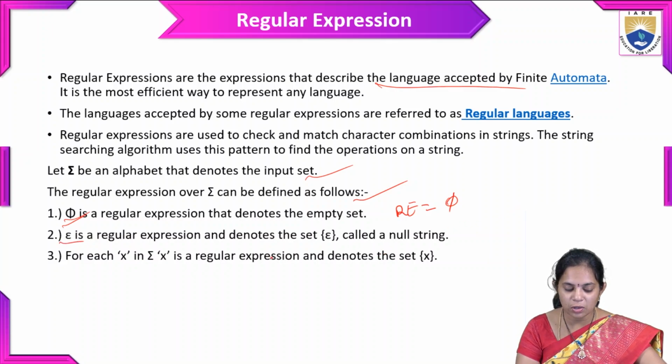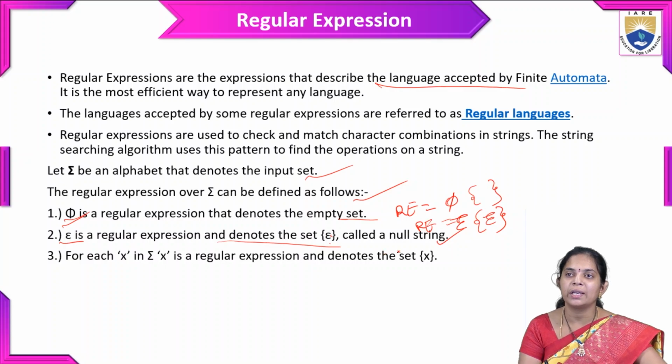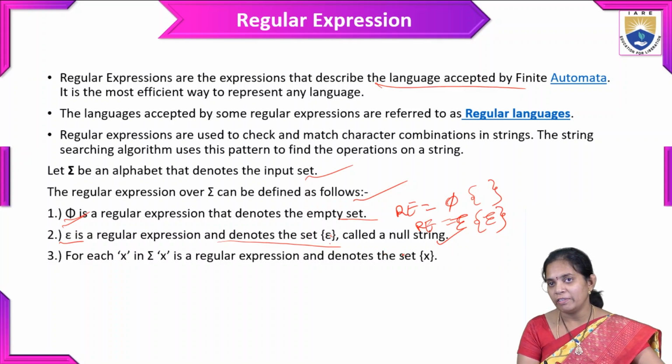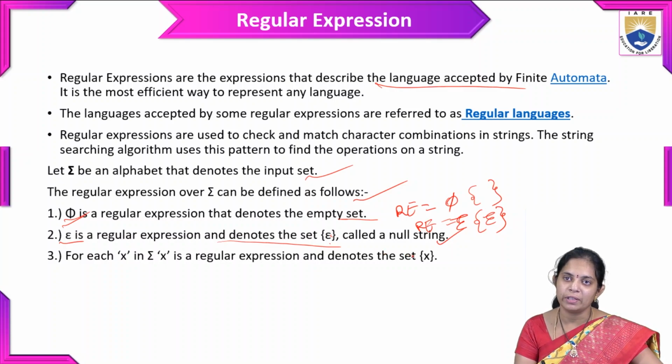So epsilon also denotes a set. This is an empty set, and this is a set which contains the epsilon symbol as an input. So this epsilon is also a regular expression. So the second point says that even the epsilon symbol has a regular expression.